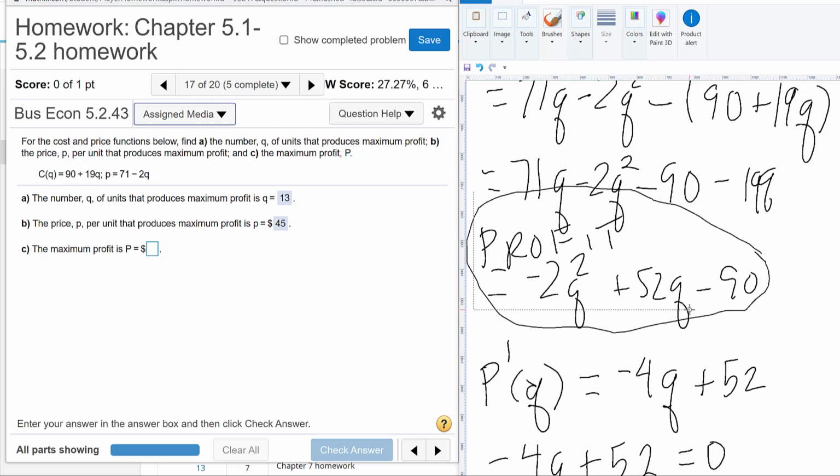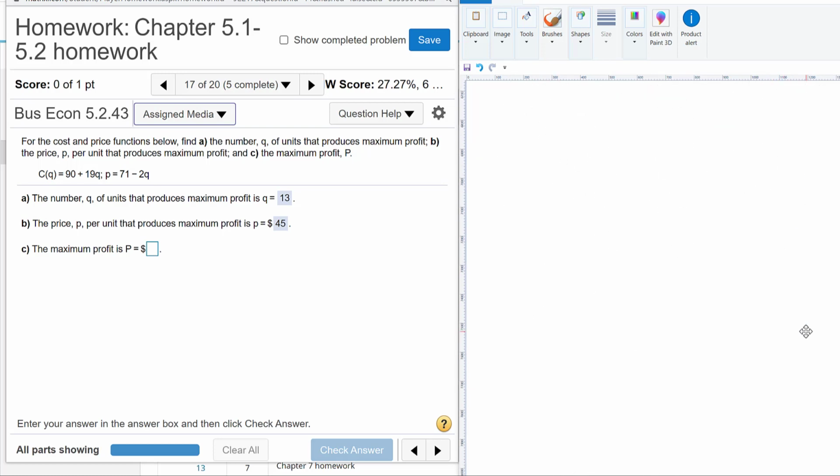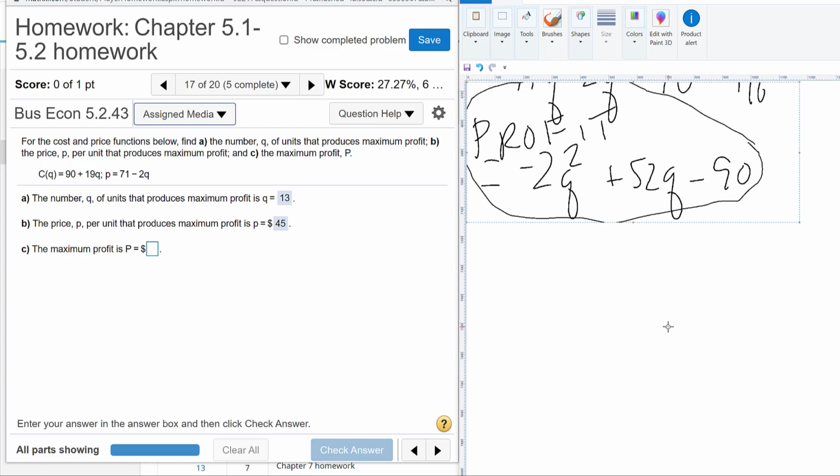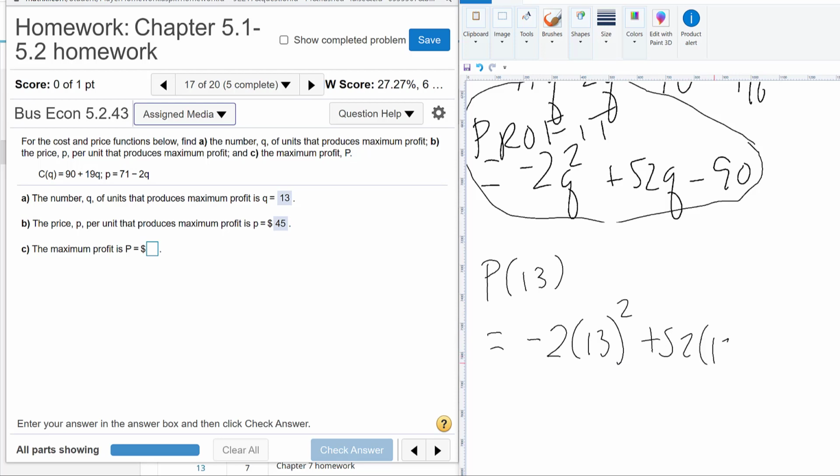So let's take this profit function and go down here and evaluate it at 13. So profit at 13 is negative 2 times 13 squared plus 52 times 13 minus 90.